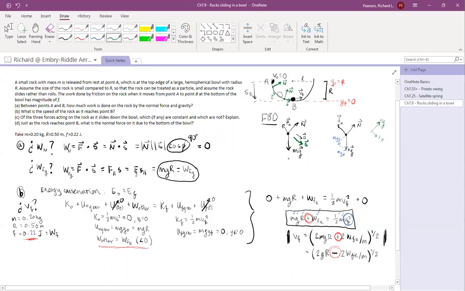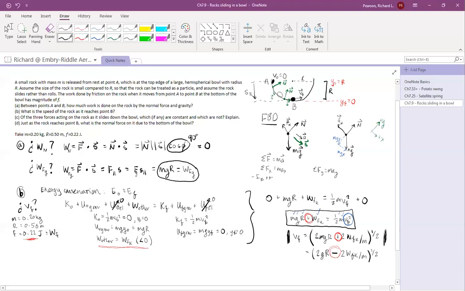In order to do that, we need to look at the sums of forces. So we need to do a sum of forces acting on our rock, and we need to do that in terms of x and y. In the x direction, we have some frictional force acting in the negative x direction.